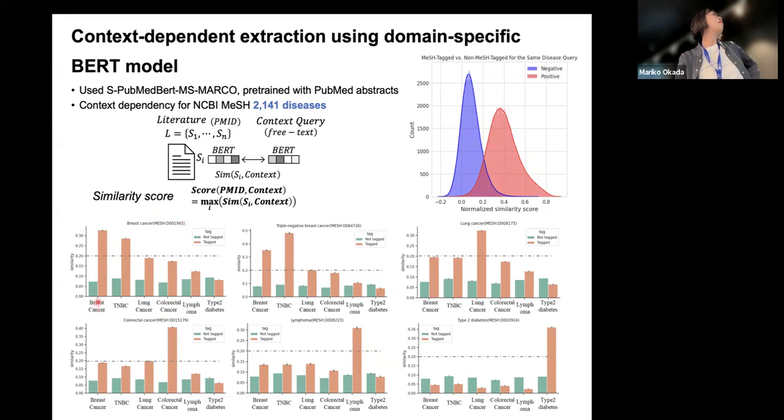And then we see that breast cancer is more enriched with the MeSH-tagged one. Even though breast cancer and triple negative breast cancer are supposed to be in the same category, TNBC showed a higher accuracy in the MeSH term tagged query. So this is what we saw.